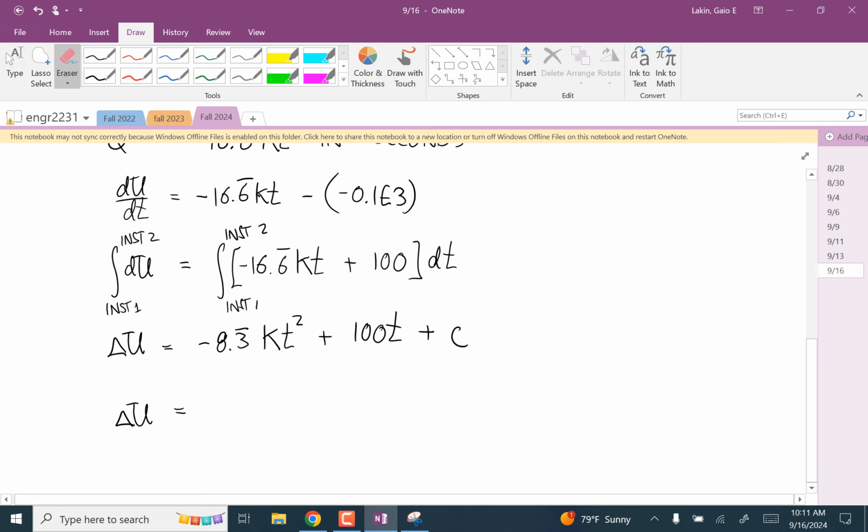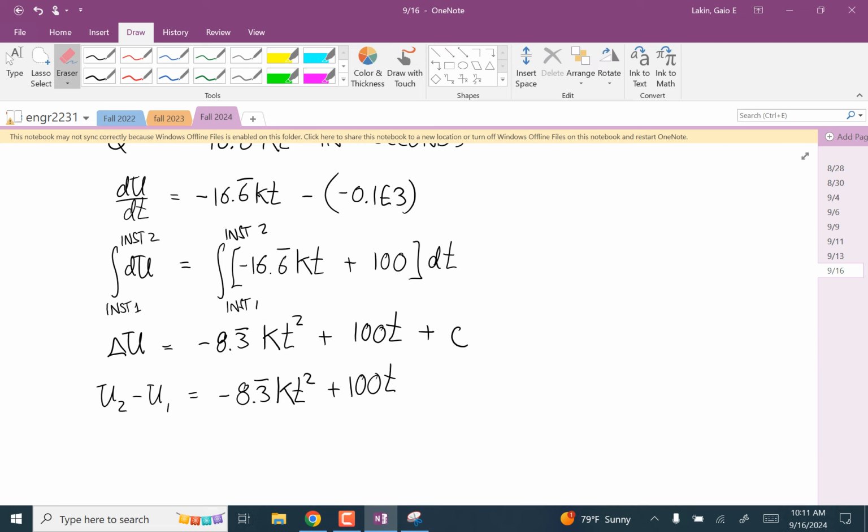Think of it like this: this is U2 minus U1, and we'll just call it from time 0 to time t. And so this is negative 8.3 repeating kt squared plus 100t.